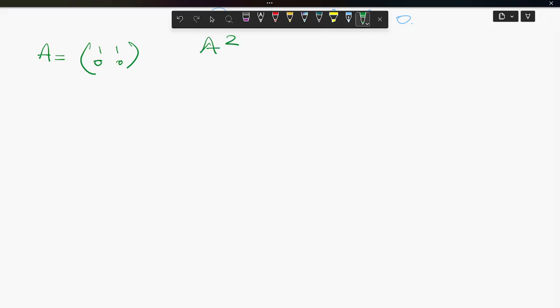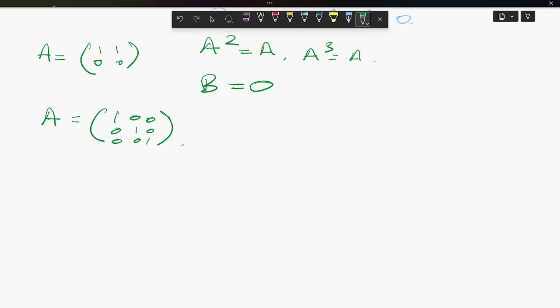We can easily say that A square is equal to A and A cube is equal to A. So again we are getting B is 0. So this is not quite what we want. So let us take A to be I3. So again we are getting B equals 0.